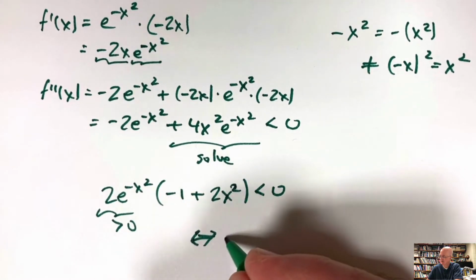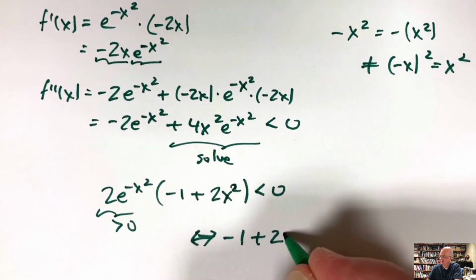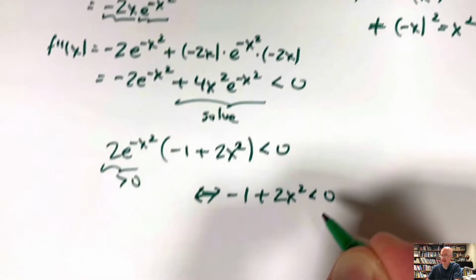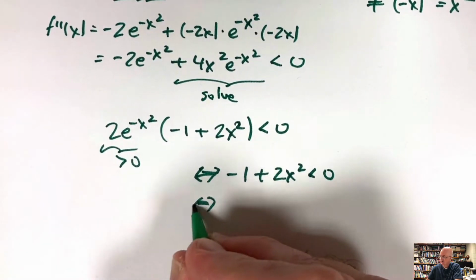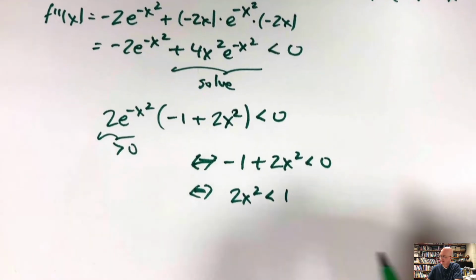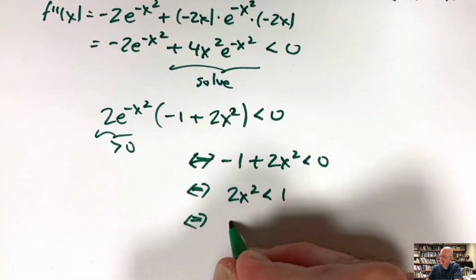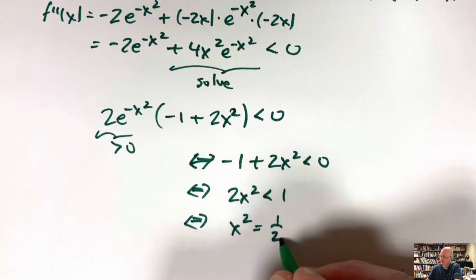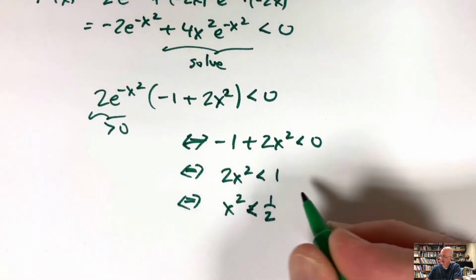This is equivalent to negative 1 plus 2x squared being negative. That's equivalent, adding 1 to both sides, to 2x squared being less than 1. That's equivalent to dividing both sides by 2 to x squared being less than 1/2.